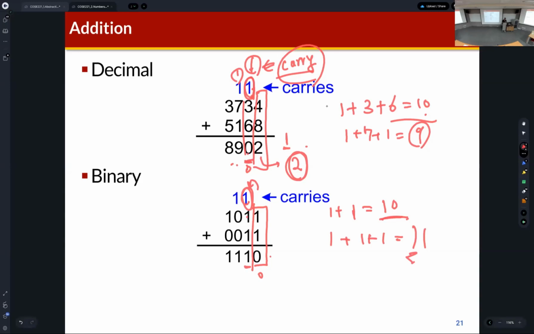So a carry is also generated. So the carry is propagated. The carry is delivered to the next digit. Then we need to perform 1 plus 0 plus 0 for this digit. So by doing this, we can perform the addition of the binary number system.